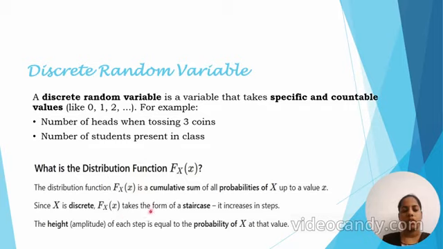Using this, we calculate the cumulative sum of all probabilities and how the probabilities are distributed in a random variable. This is about discrete random variables.